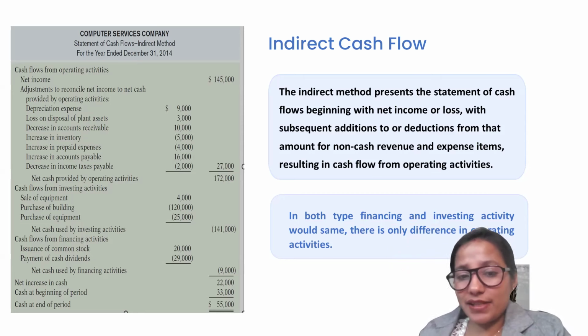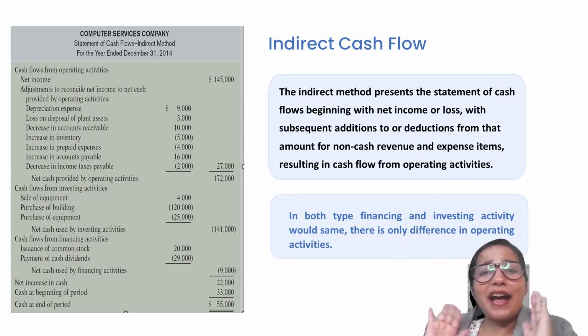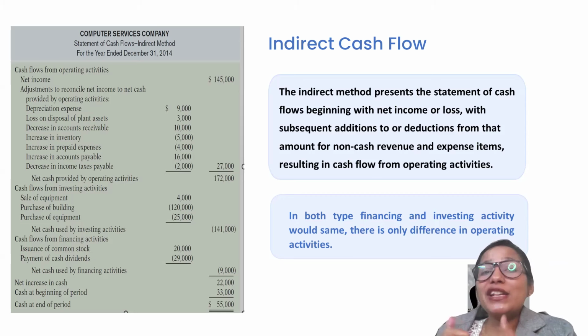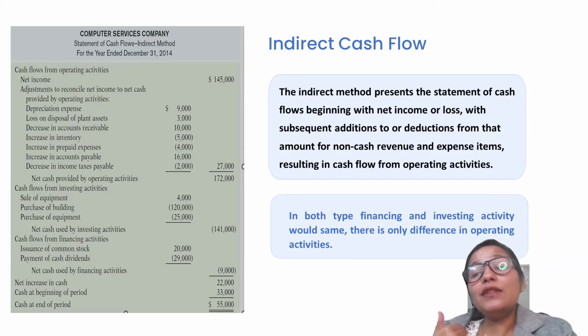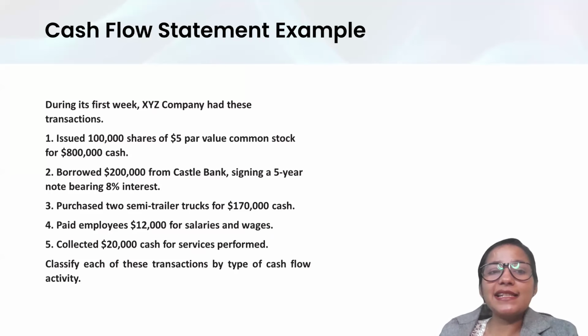Now we are going to discuss an example where you have to find which is operating activity, which is investing activity, and which is financing activity. So let's discuss this example.